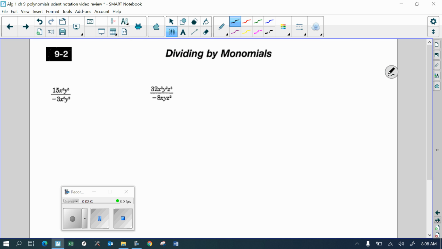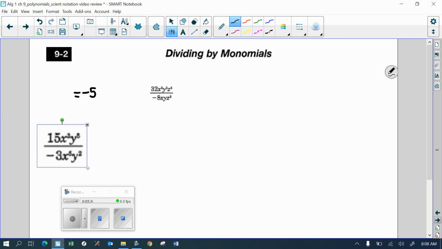Okay, dividing monomials. When we divide monomials, we subtract the exponents of the like bases again. And I just divide the coefficients. 15 divided by negative 3 is negative 5. Let's make this a little bigger here. Okay, you can't see that's x cubed.